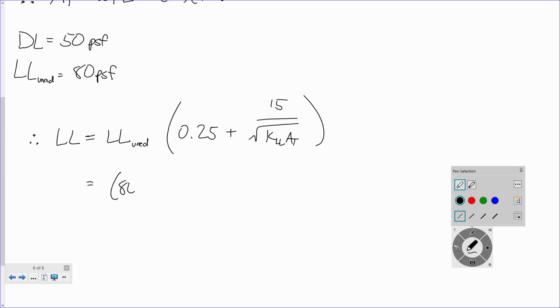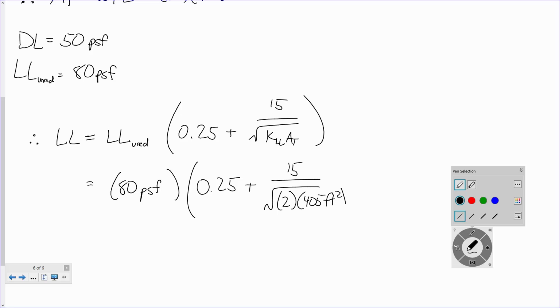So 80 PSF, everything's in US units, 0.25 plus 15 over square root of 2 times 405 feet squared. And what is that? 62.16. All right.